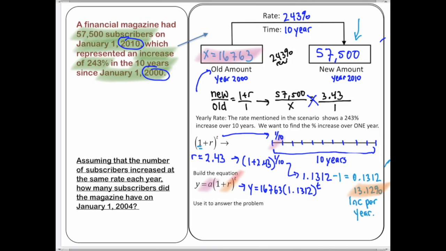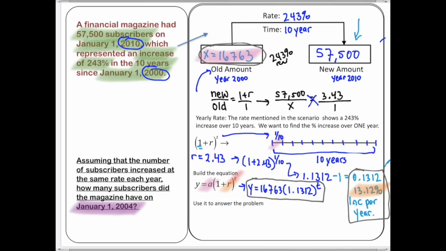Let's box all the good stuff that we found: the starting amount, the increase per year, and then the equation. Now, we think about the question and what it's asking us: how many subscribers they're going to have on this date.